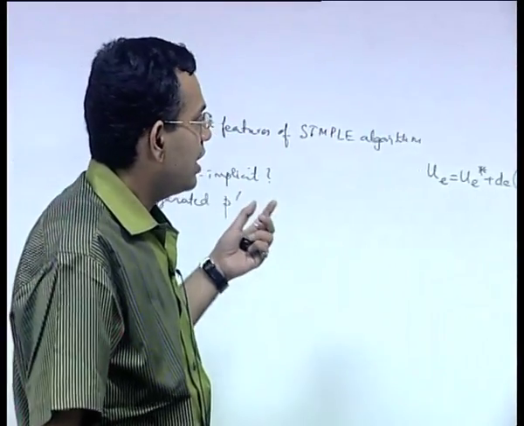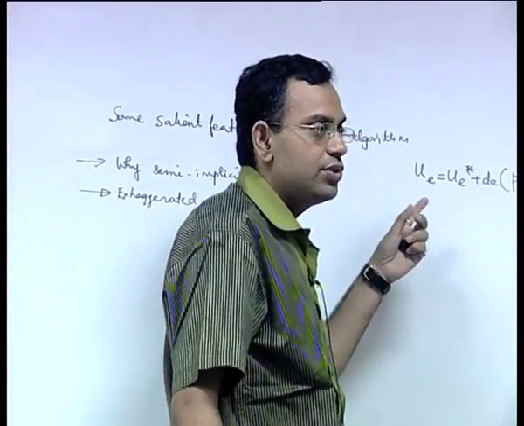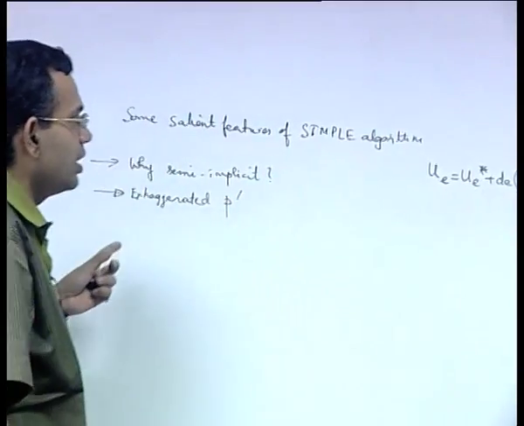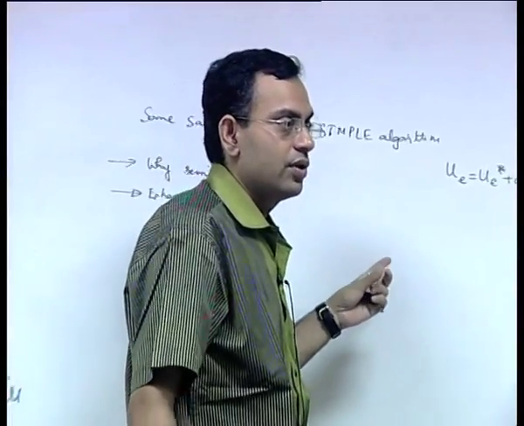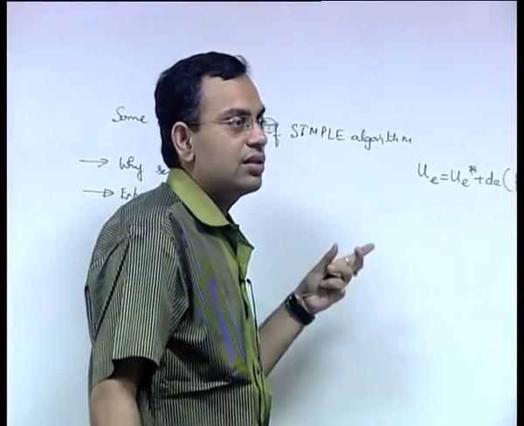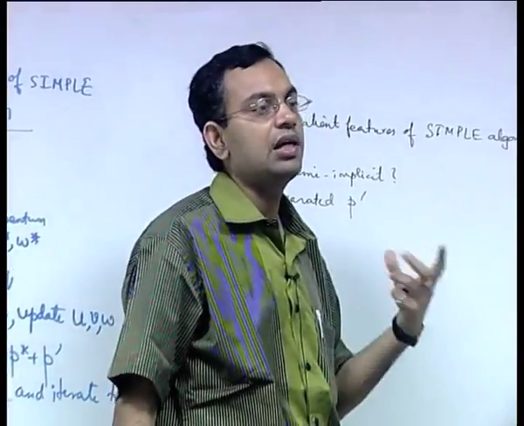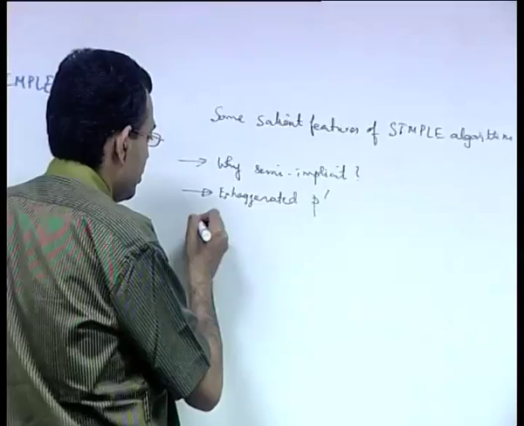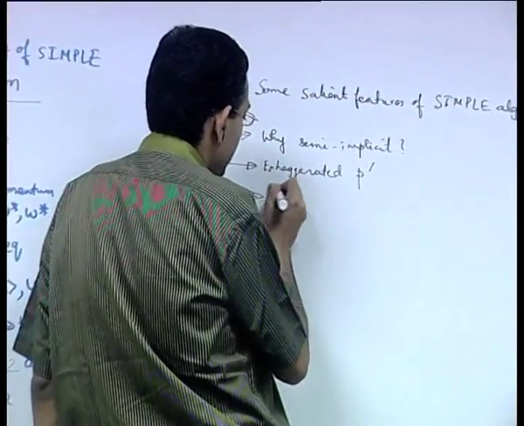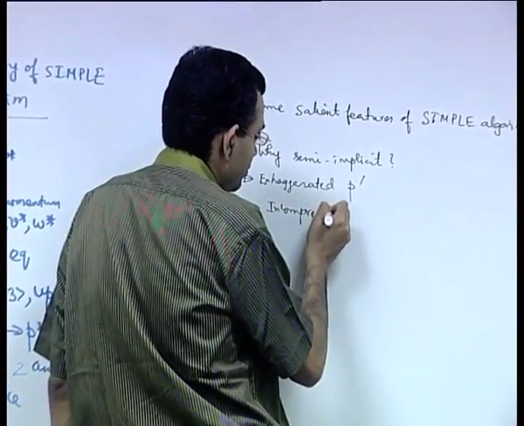Now the SIMPLE algorithm which we have described, we have described basically for incompressible flows, so we have not used any relationship between the pressure correction and the density. So this is the incompressible version of the SIMPLE algorithm.